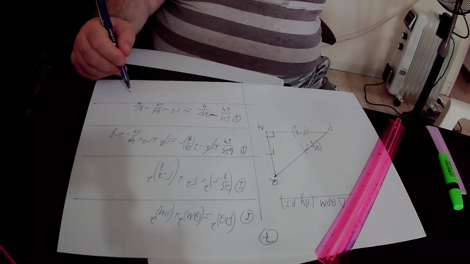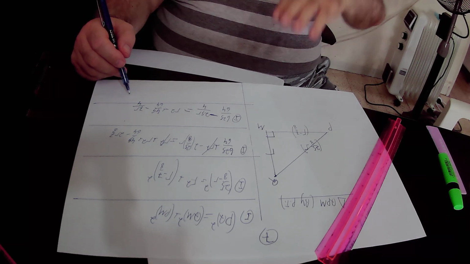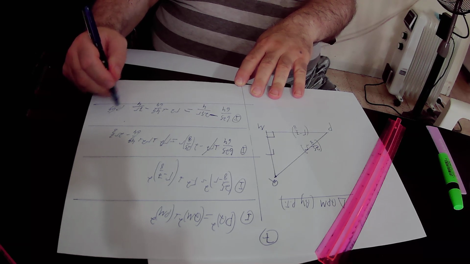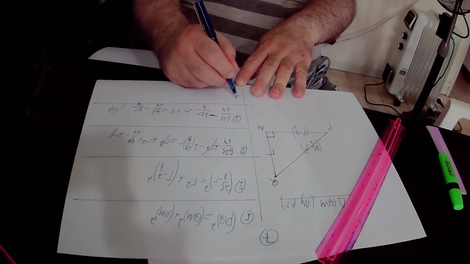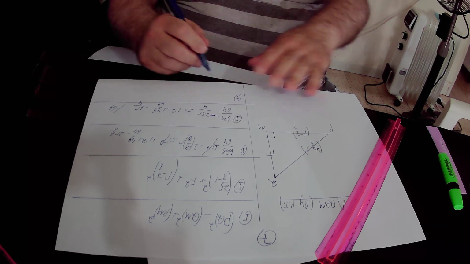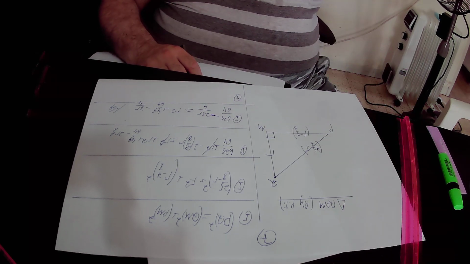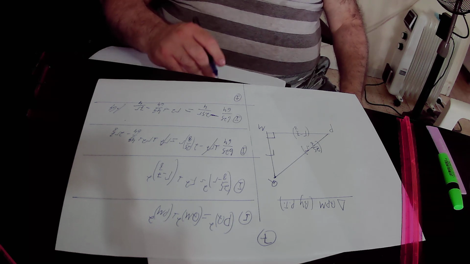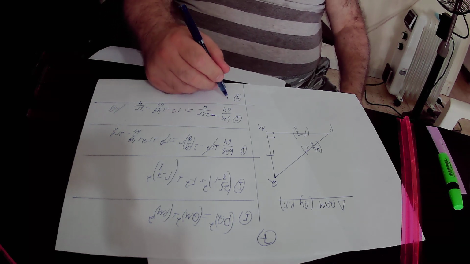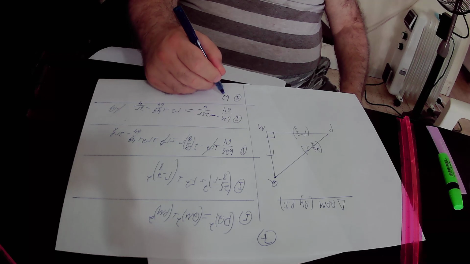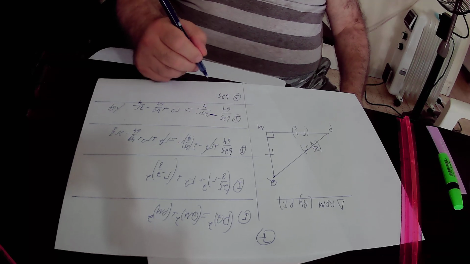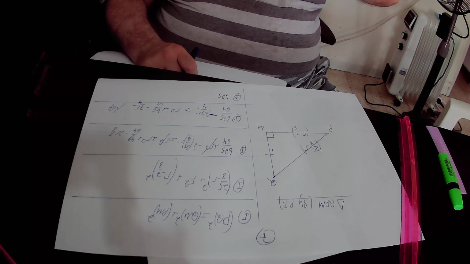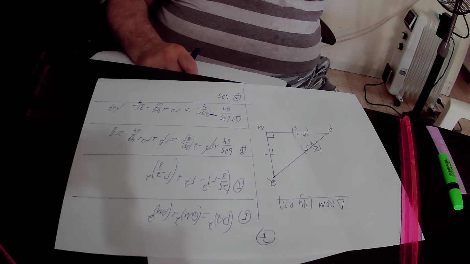Okay, so here we will multiply equation number 1 by 64, and we get that according to equation number 1, 625 times 64 over 64 is 625. Here we have to multiply minus 25r over 4 by 64.